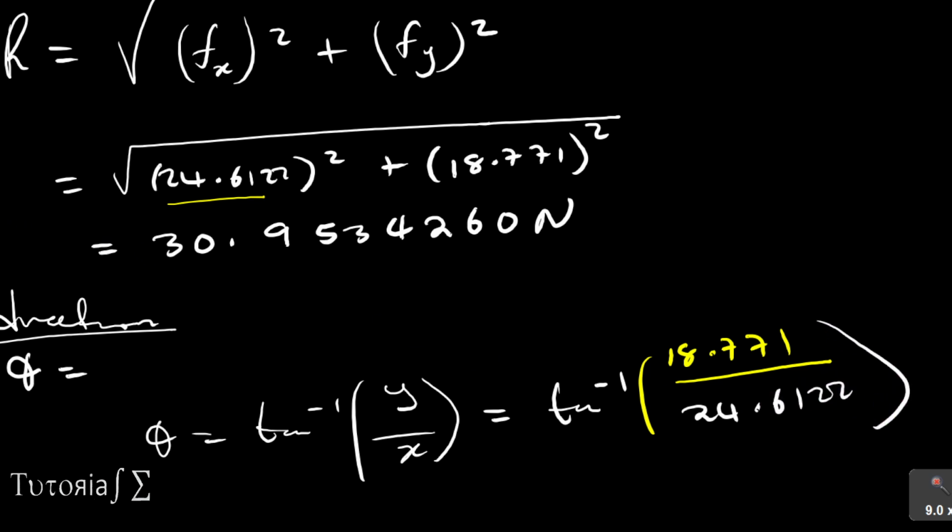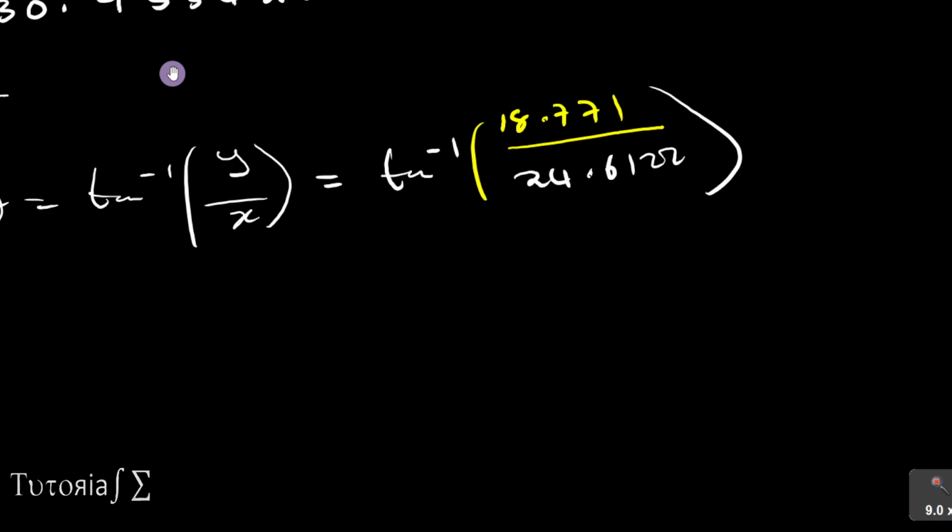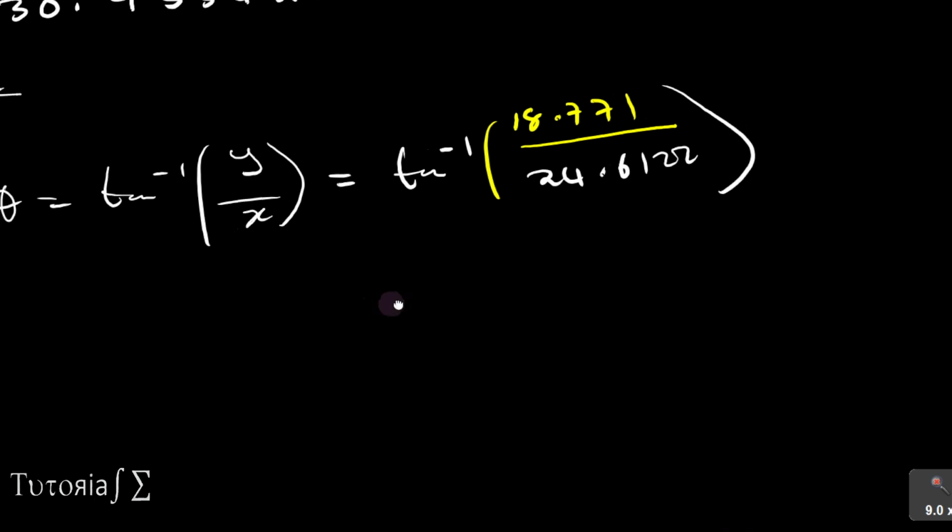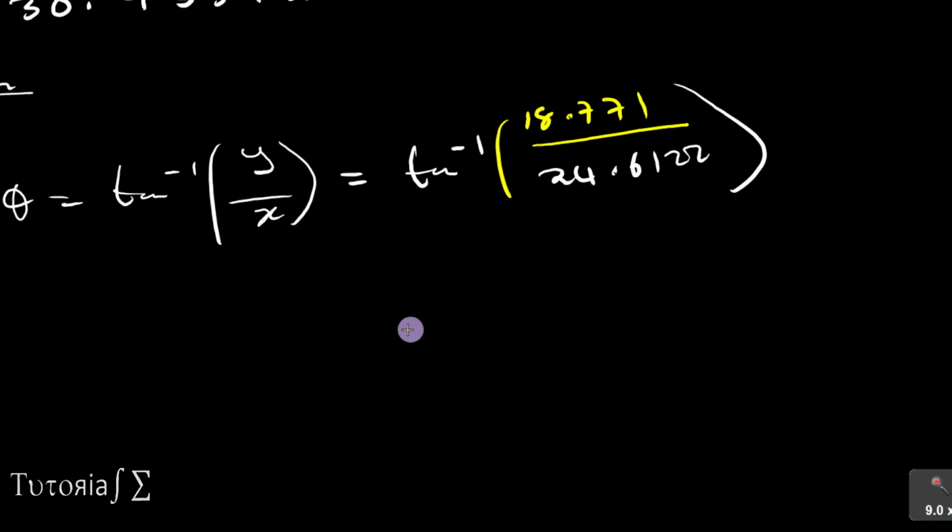Now we just find the tan inverse of that. Make sure that your calculator is in degrees. This will give us about 30 degrees.